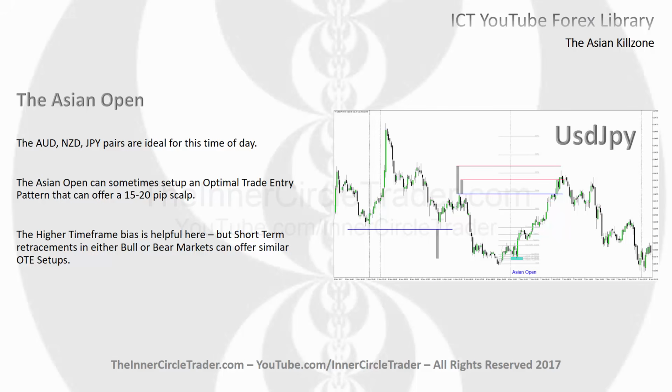Now, this time of day, you're going to find that the Australian dollar, the New Zealand dollar, Japanese yen pairs are ideal for this time of day.